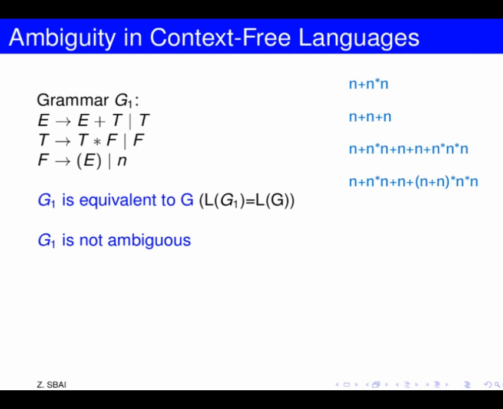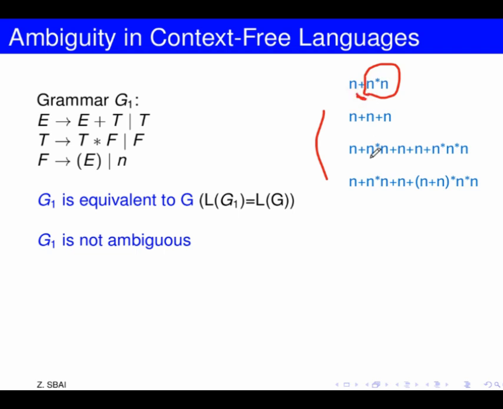We are all familiar with this kind of arithmetical expressions, and we know that when there is a multiplication and an addition in the same expression, we will perform the multiplication operation before the addition. So n multiply n here will be performed first, so the star has a higher precedence over the operator plus.